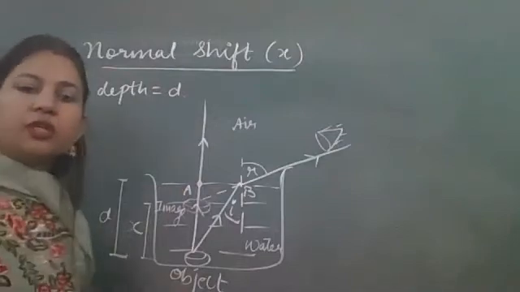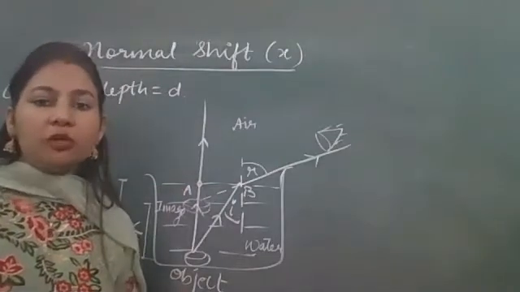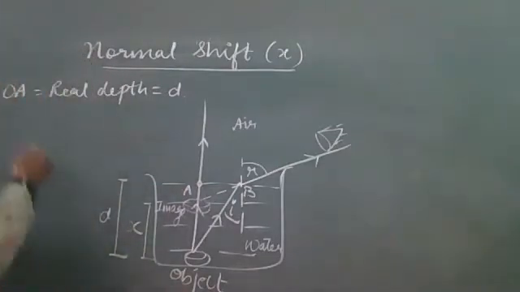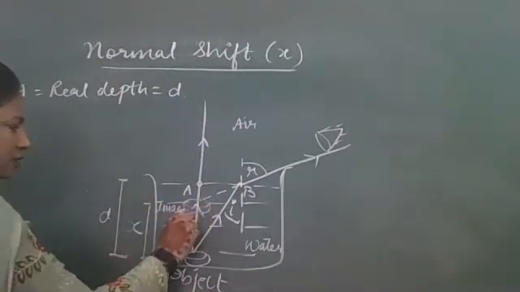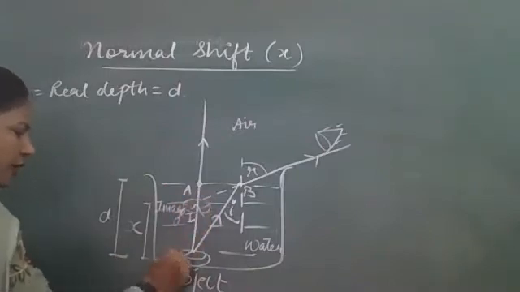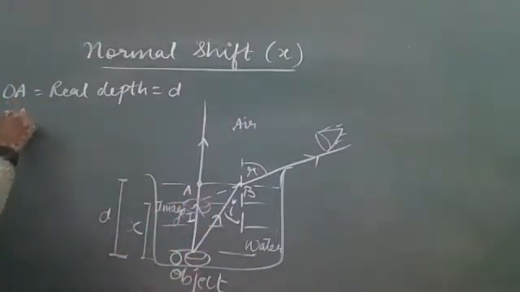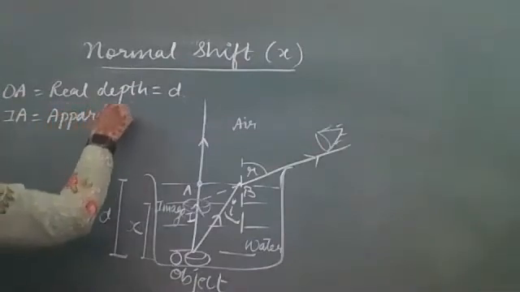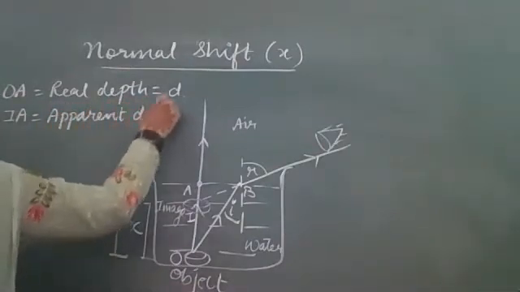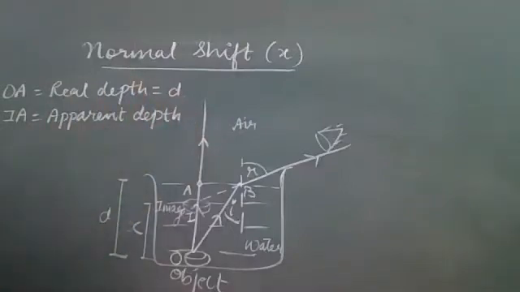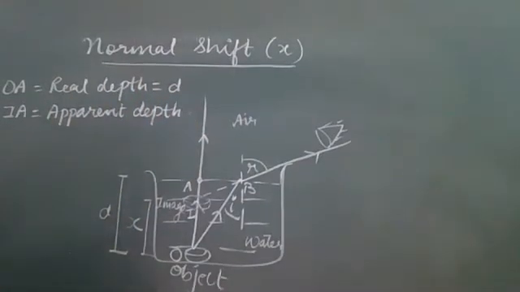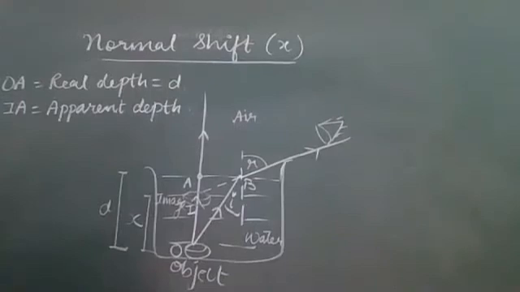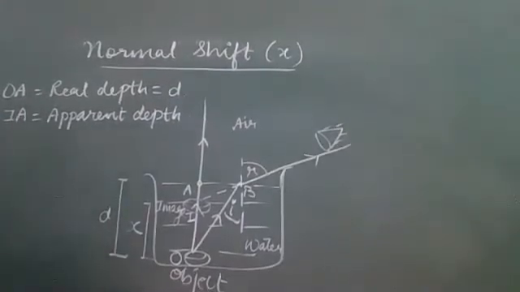Apparent depth means virtual depth, the imaginary depth that you feel is there. So what is IA? For the image, we take point I. Suppose this point is I and O is the object. So IA is the apparent depth here. It is where the object appears to be, though actually it is not there. It appears to be there.